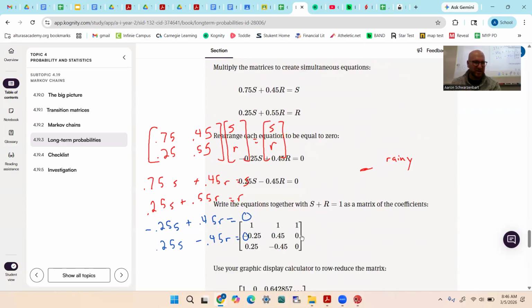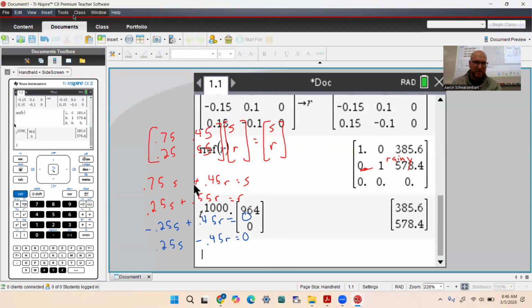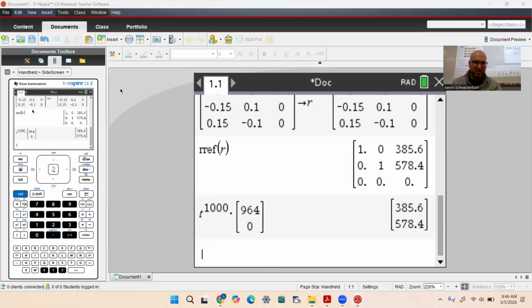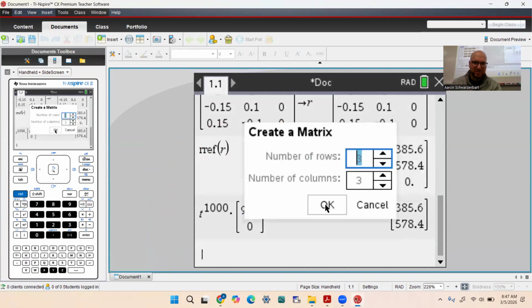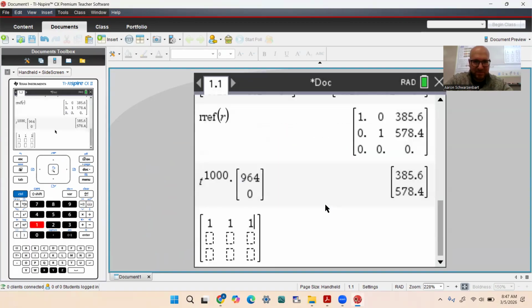So I'm going to end up with this matrix. Let's go ahead and stick that into our calculator. I'm going to erase my equations so that they're not in the way. So I guess the S plus R equals 1 is a trick you can use if there's no amount, because we're doing probabilities with this. So they're totaling to 100%. Total to 100%.